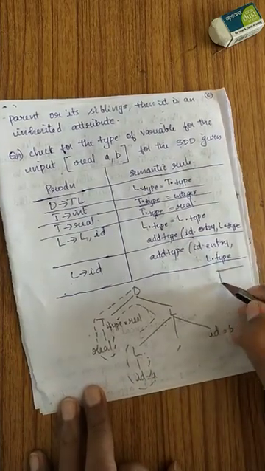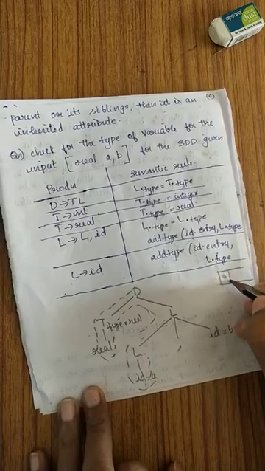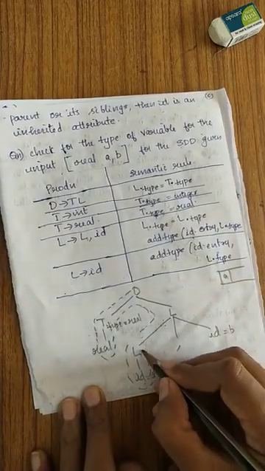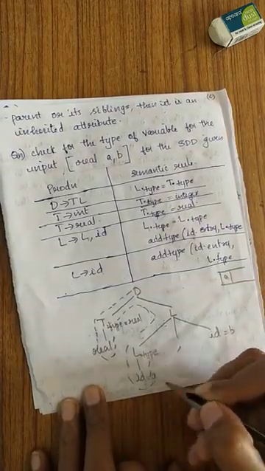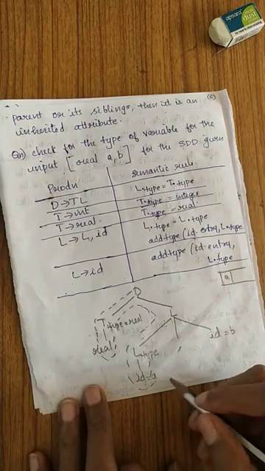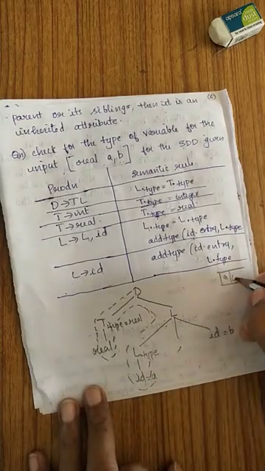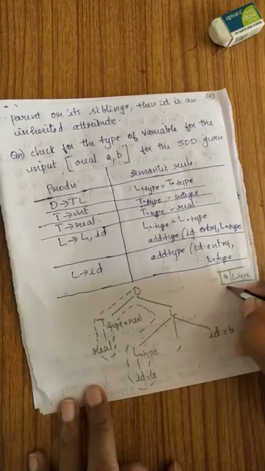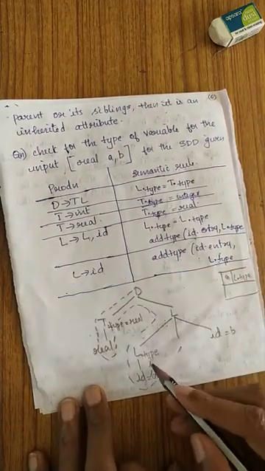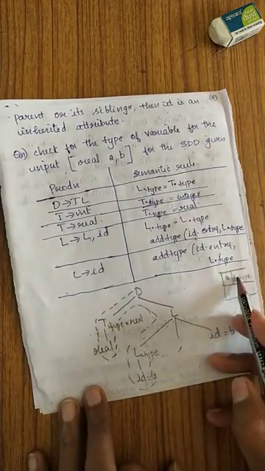So in the symbol table we have to enter A and the type of L. So is the type of L known? No. Till now the type is not known. So I just simply write L dot type here. Once I get the value of L dot type, that will be updated here.